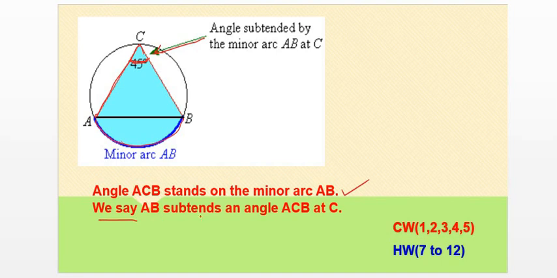Or we say AB subtends an angle ACB at C. Or simply you can say AB subtends an angle C. That's it.